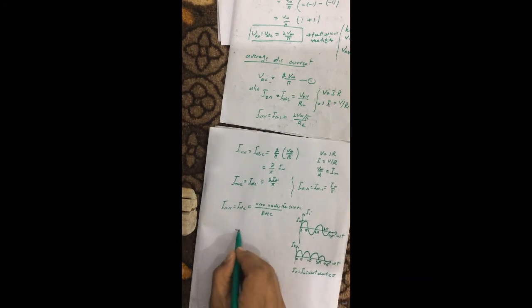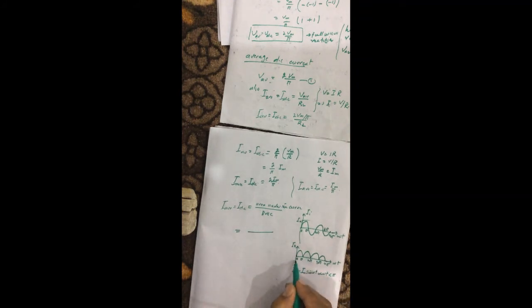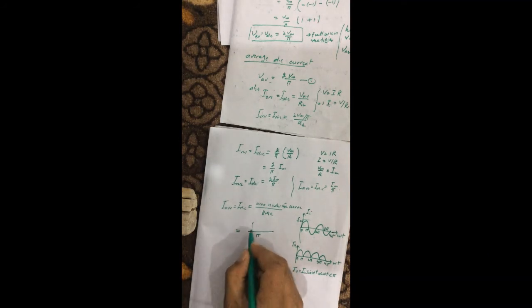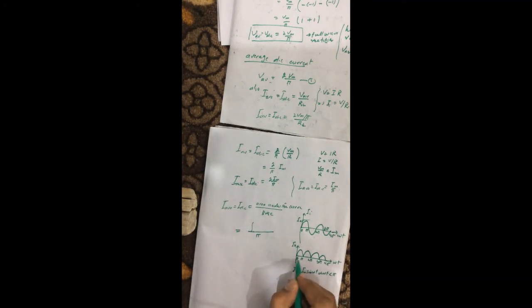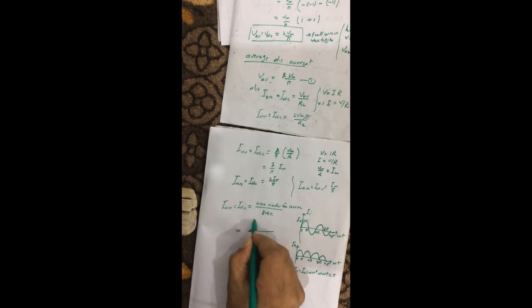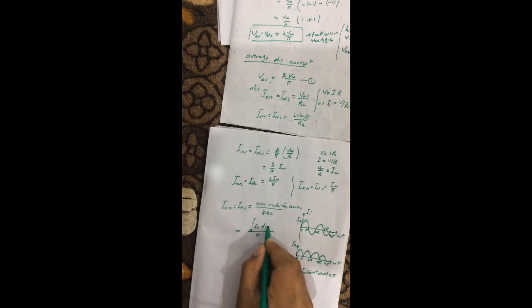So if we put the value in this formula, we have base 0 to pi. The period is pi. The base is pi, while the area under the curve is from 0 to pi. So the integral is from 0 to pi, and we have I naught times d omega t.